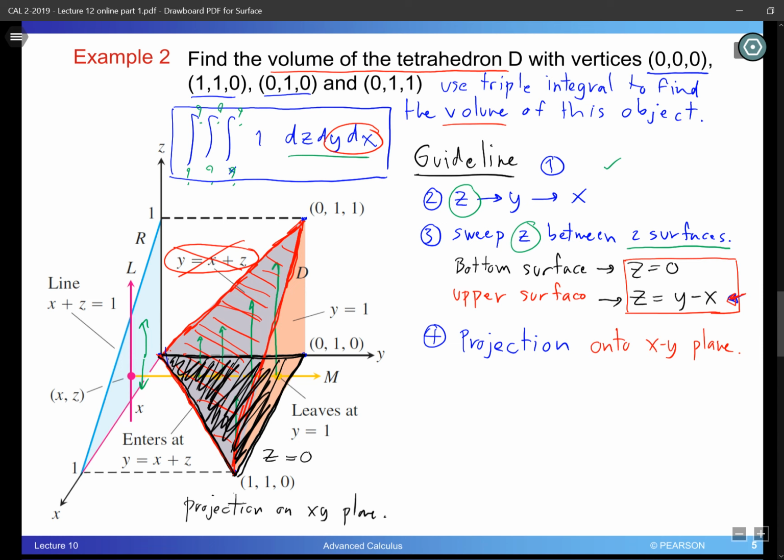Now let's move to number 5. We are supposed to sweep the next variable, which is y, between two curves on the projection.